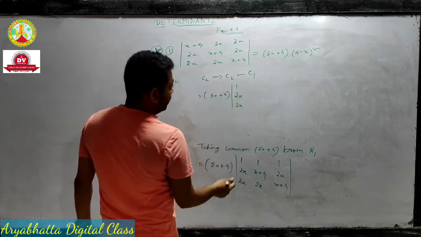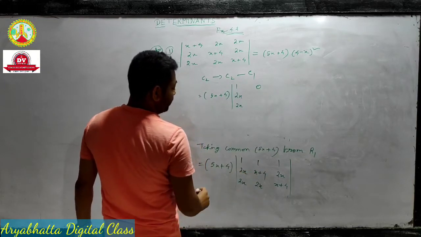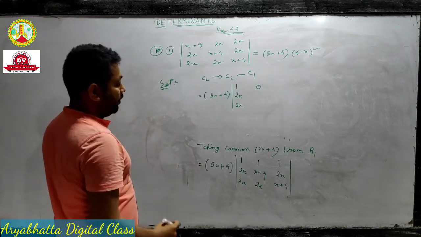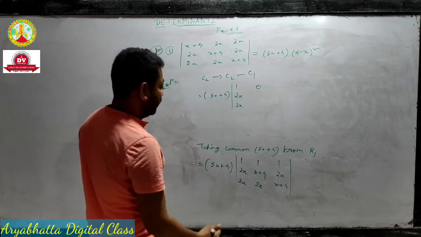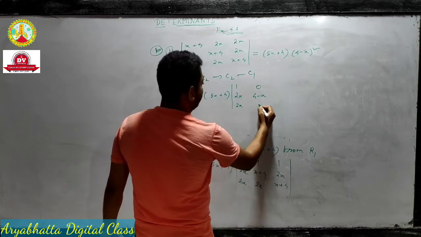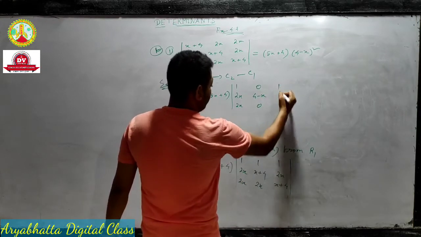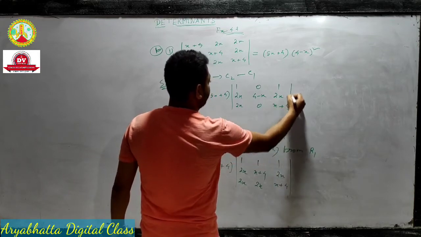C2 tends to C2 minus C1: 1 minus 1, 0; x plus 4 minus 2x, this is equal to 4 minus x; 2x minus 2x, this is equal to 0. And C3: 1, 2x, x plus 4.